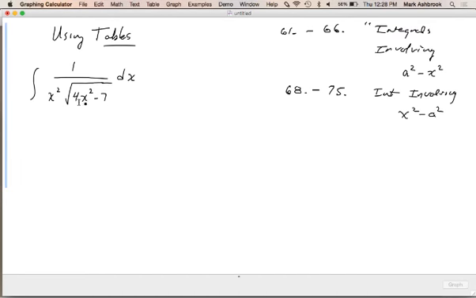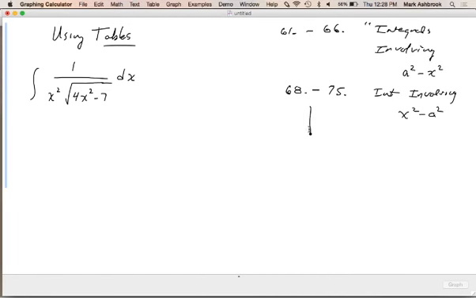We have something like our argument squared minus, now 7 is just, we could make that the square root of 7 squared, right? So we can say that that's a constant squared. So this is where we're going to look. And if you look through that list, you see that number 70 is this right here.